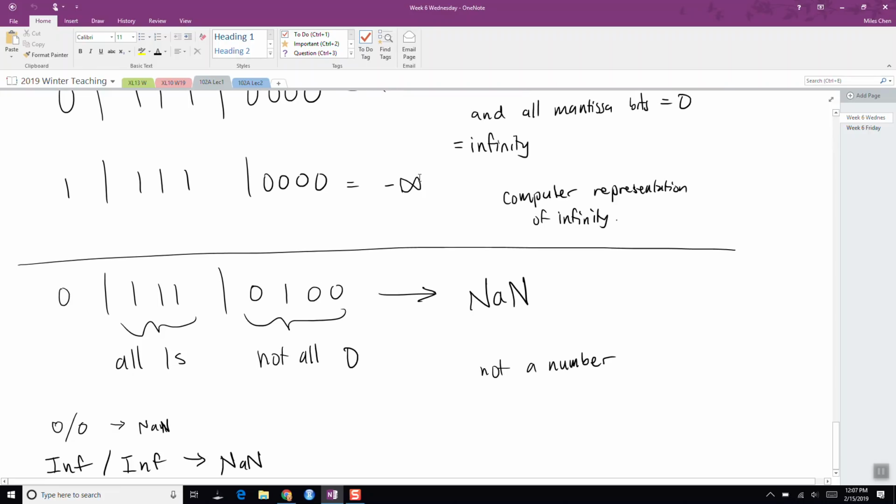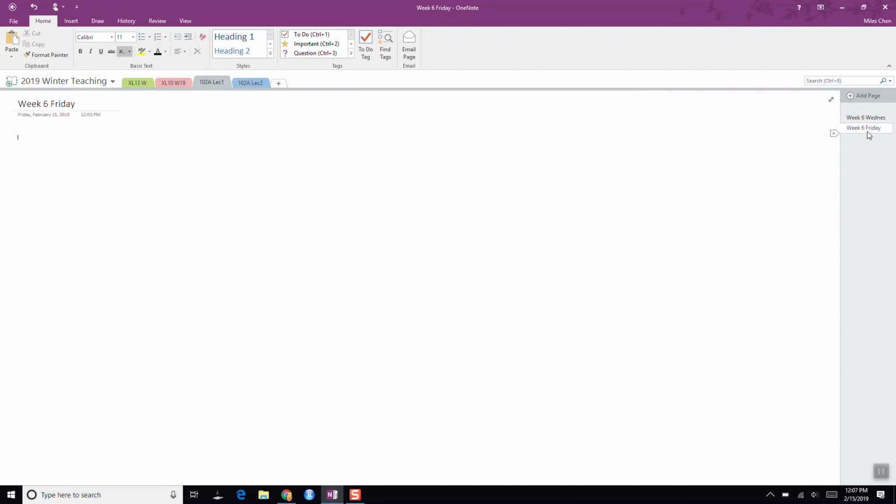All right, so today we will continue working through this mini float system and discuss some of the other things that we might encounter. So if I write my numbers like this: 0, 1, 1, 1, 0, 0, 0, 0, this is equal to positive infinity.